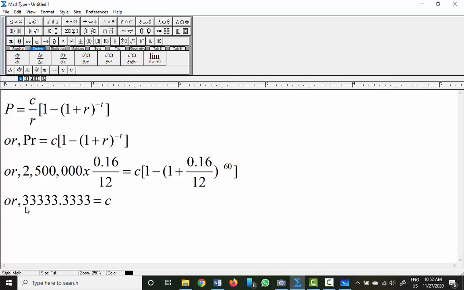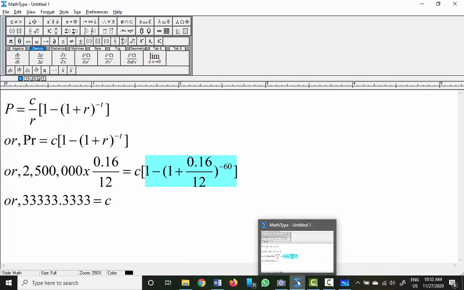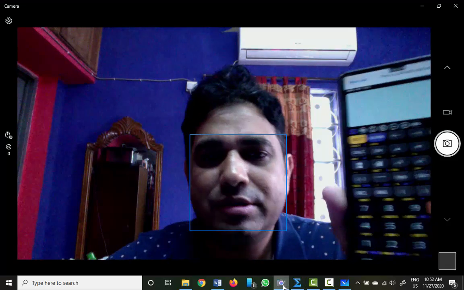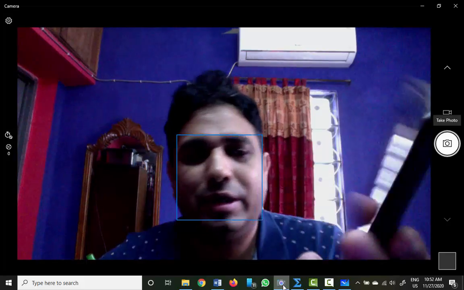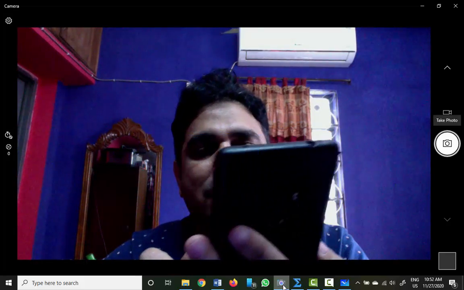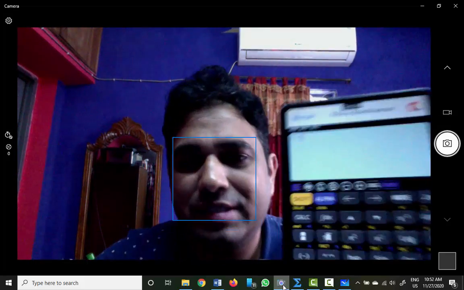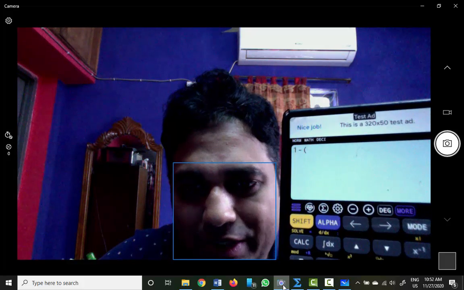and now let us calculate this portion, right? So how should you do it? Again I will use this calculator. 1 minus, and then we have a bracket there.